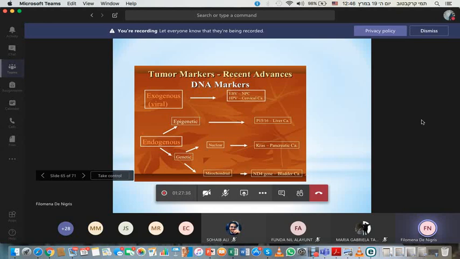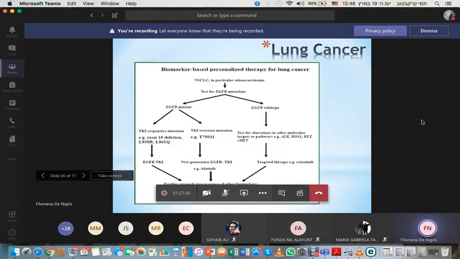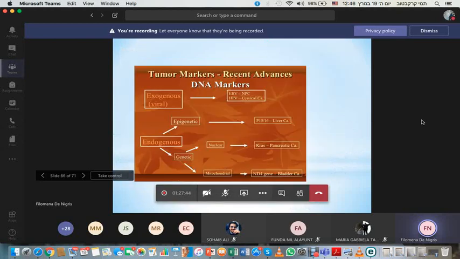we can also have a screening test to monitor which patients could develop tumor in the future. And now our goal is to have screening tests to monitor patients before clinical evidence. We also have genetic markers such as nuclear ones, everybody knows KRAS for example, but novel markers also come from mitochondria.